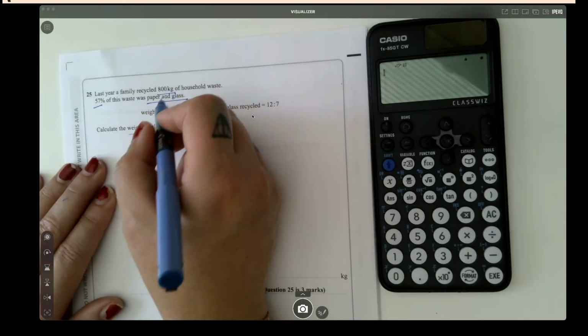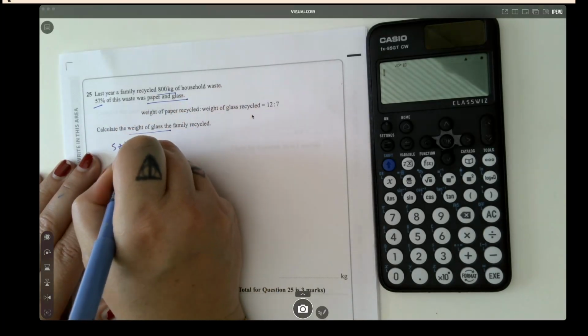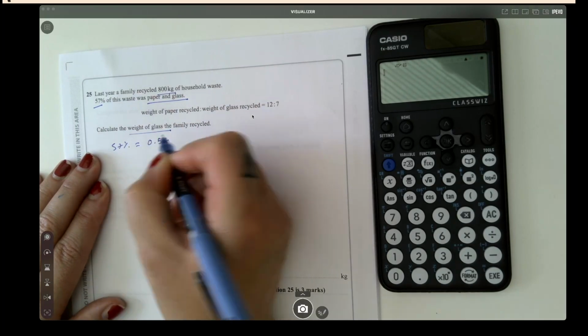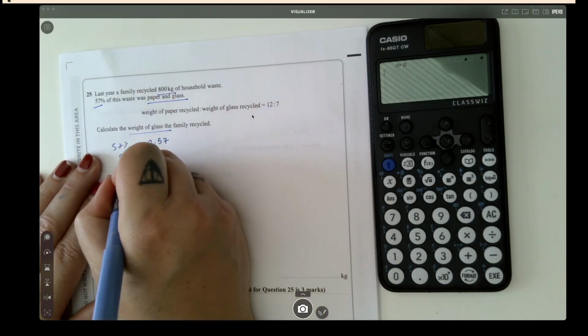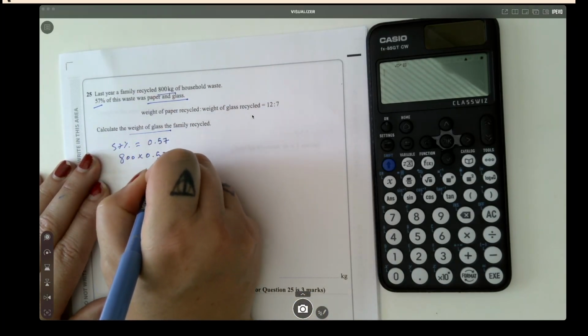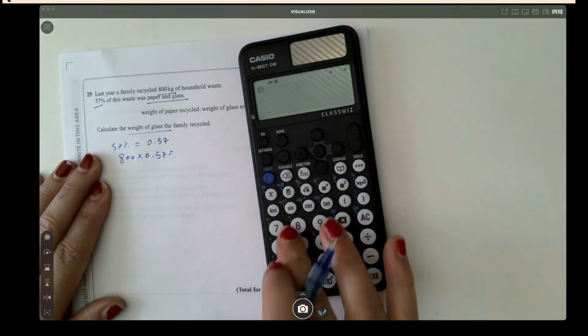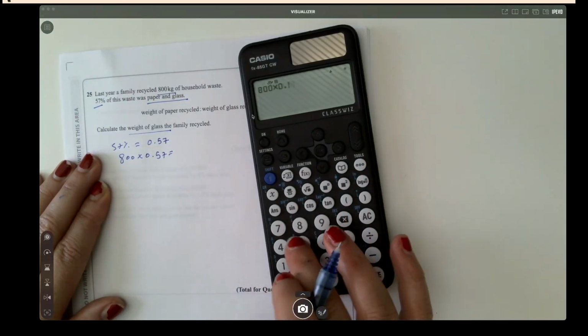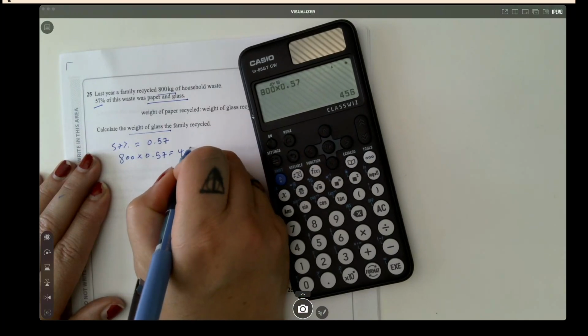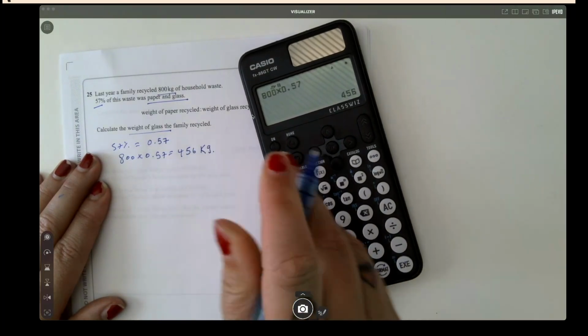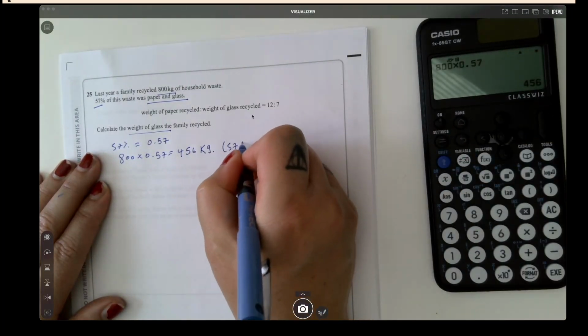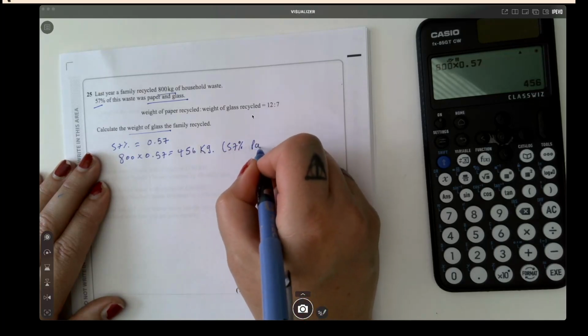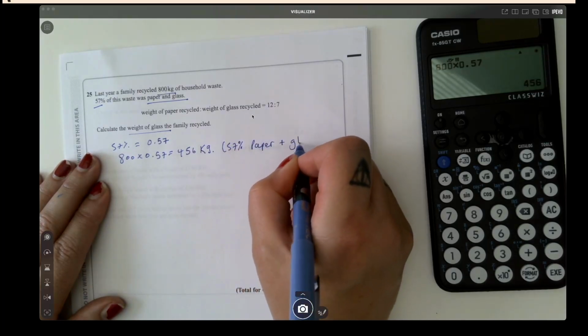So 57% is 0.57 as a multiplier. So if I do 800 times 0.57, that will tell me what 57% is. So that's 456 kilograms, and that's that 57%, which is paper and glass.